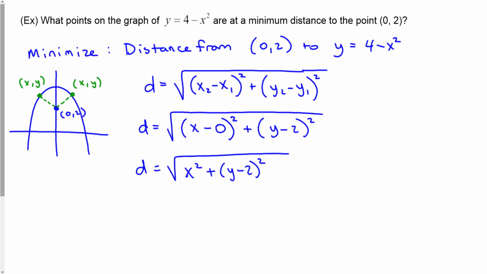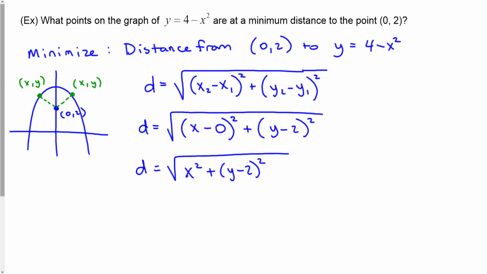Now, here's the trick. In this case, I calculated the distance between (0, 2) and (x, y). (x, y) can be any point on the plane. So this would give me the distance between (0, 2) and any point that exists on the plane. But I'm not interested in any point that exists on the plane. I'm only interested in points that exist on that parabola.